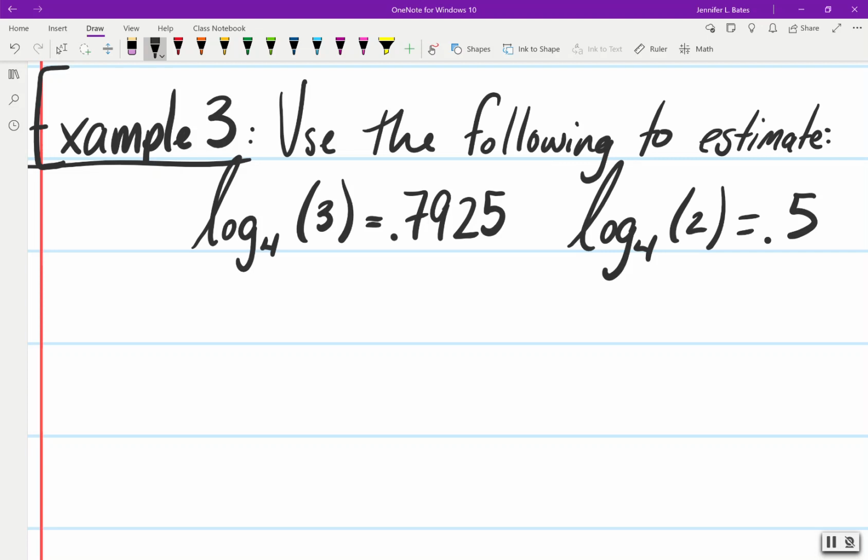Our goal is to use these two pieces of information to estimate something else.